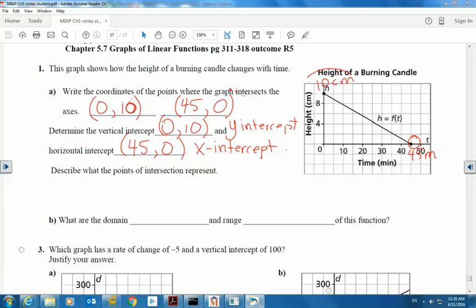So if you were to describe in words what each of those points of intersection represents, what would you say? So the vertical intercept, let's call this VI. What would we say VI is? VI represents what in words?